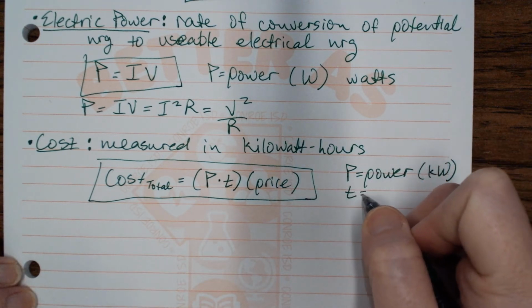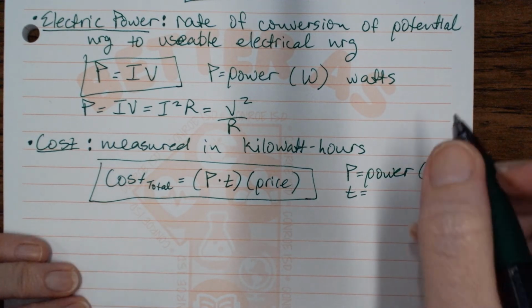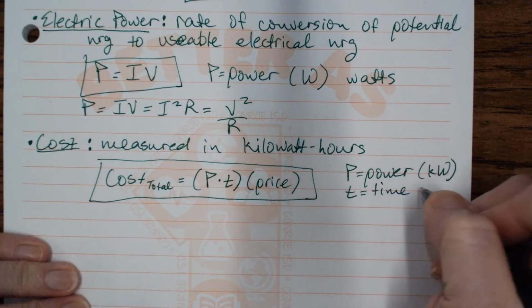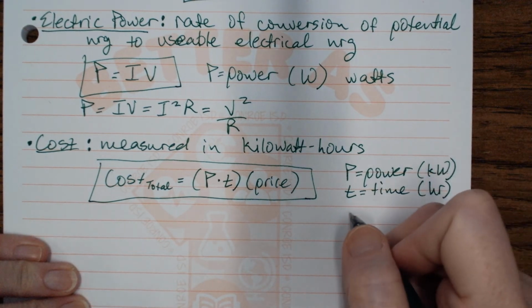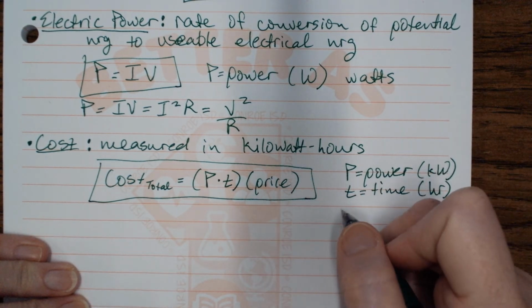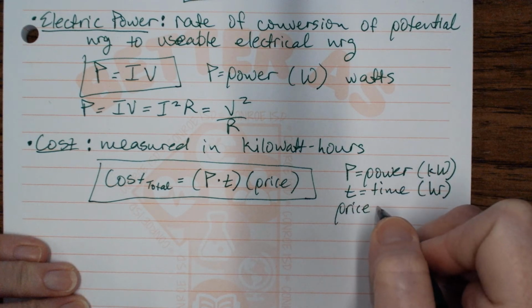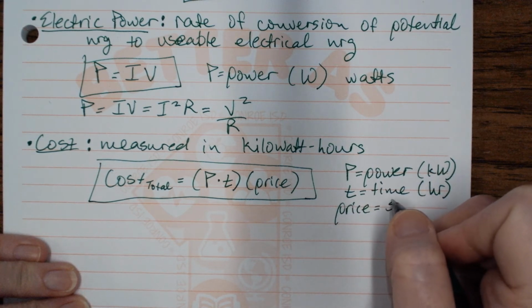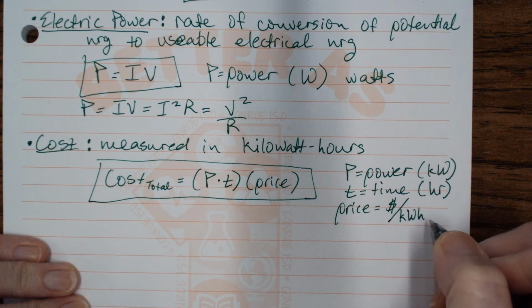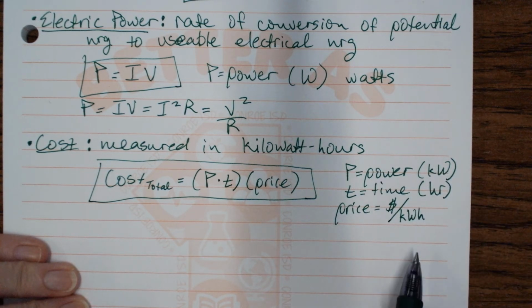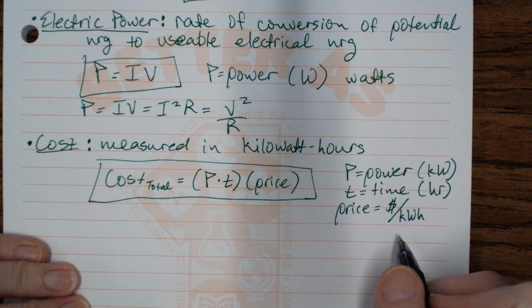Time in this one is not measured in seconds. Time would be measured in hours because your price would be measured in dollars per kilowatt hour. And this is what is set by the electrical company.